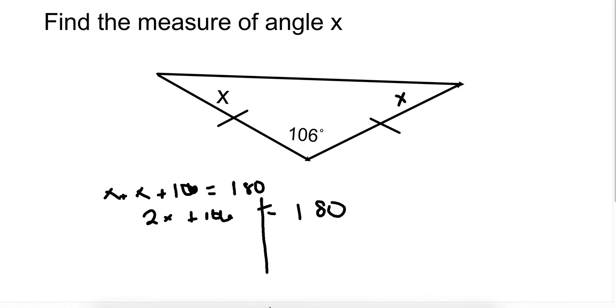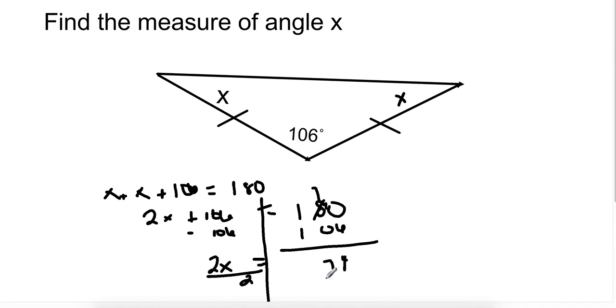Draw my line down, subtract 106 from both sides, and then I would need to divide by 2, and x would equal 37 degrees, which would mean this is 37, then this would be 37 degrees, and added up would be 180. These have two sides that are the same, so it's an isosceles, and it's one angle bigger than 90, so it's an obtuse isosceles.